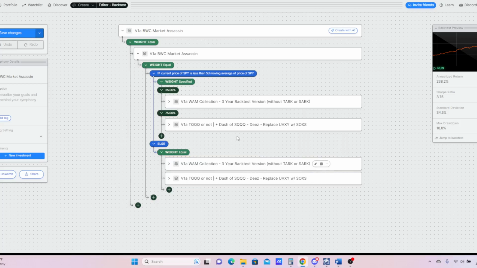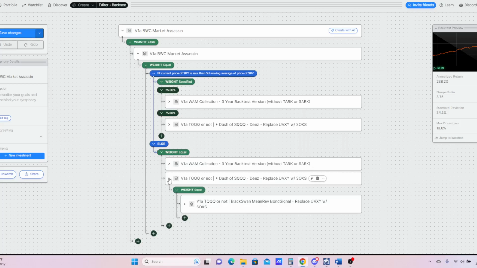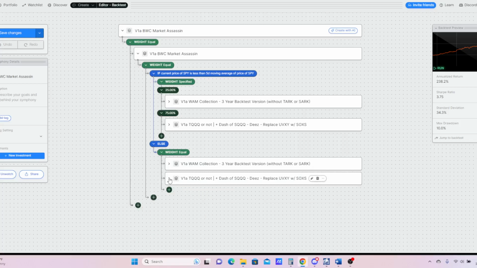But overall, it's just using the same two symphonies. So this is more of a momentum play. It seems like it just switches to the best momentum based on conditions. Yeah, pretty much.